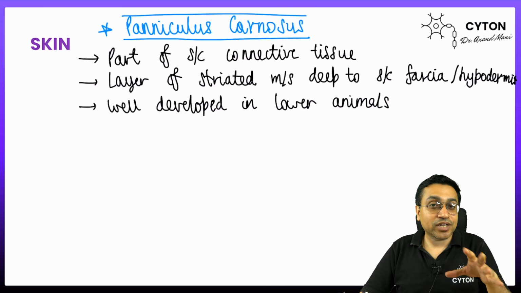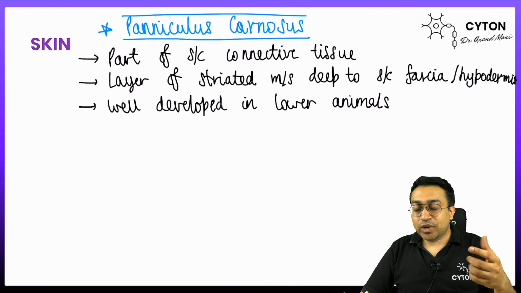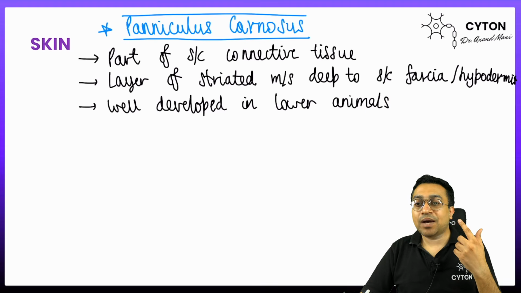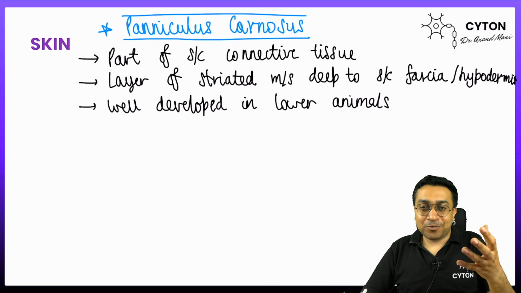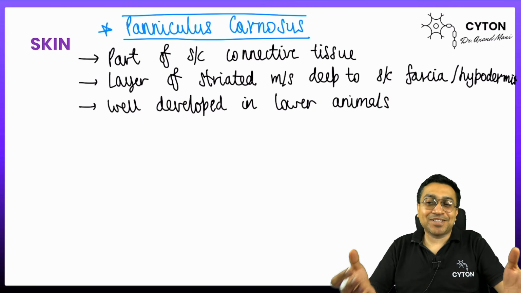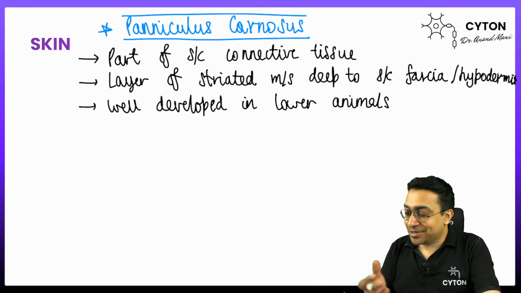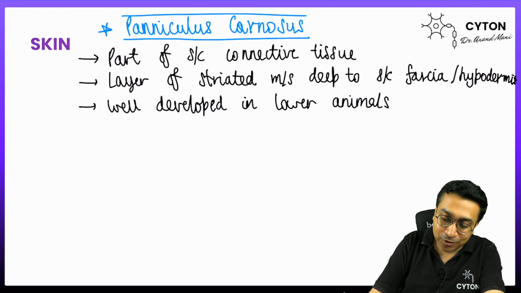They are not attached to the underlying bone except one, but they are attached to the skin surface. That's why when we contract the muscles, skin wrinkling happens and we can make a happy face or a sad face. I cannot see you, so I don't know whether you are happy or irritated right now. That is an example which you have to remember.